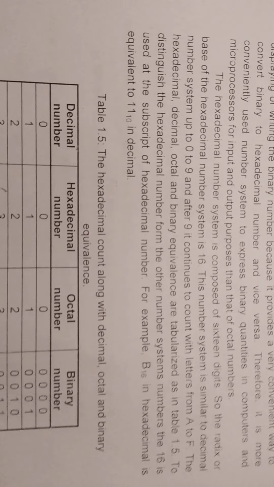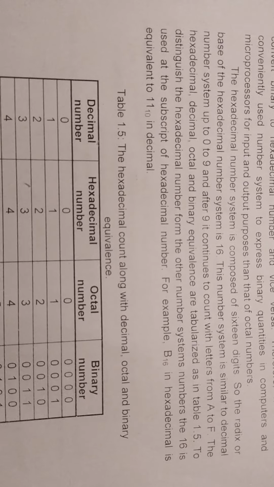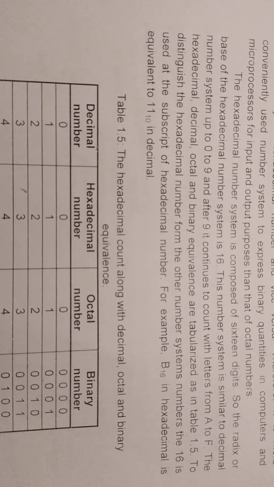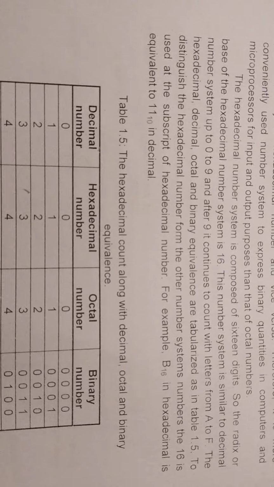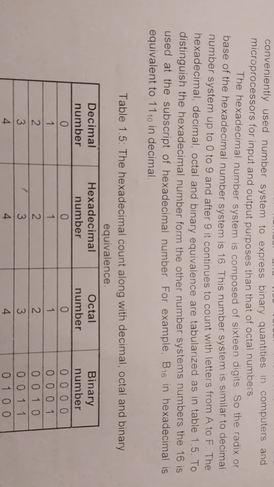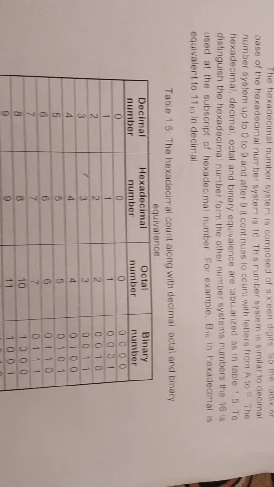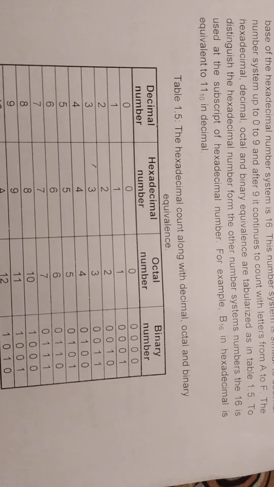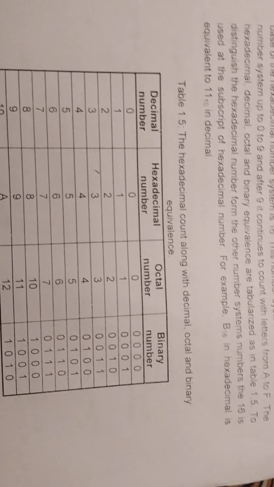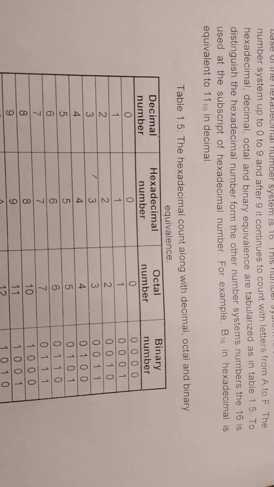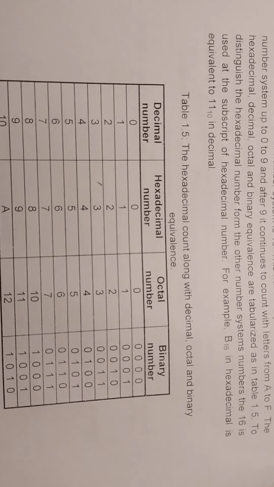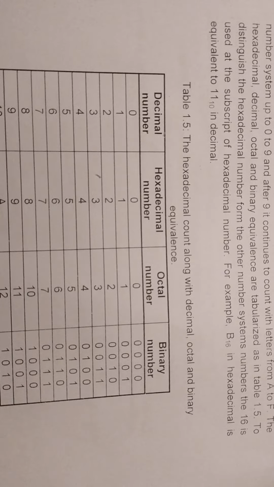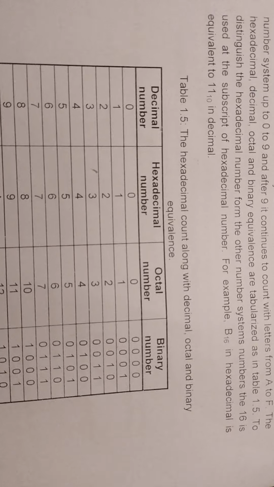The hexadecimal, decimal, octal and binary equivalents are tabularized. The table below shows the decimal, hexadecimal, octal and binary number systems. To distinguish the hexadecimal number from numbers of other number systems, 16 is used as a subscript of the hexadecimal number.